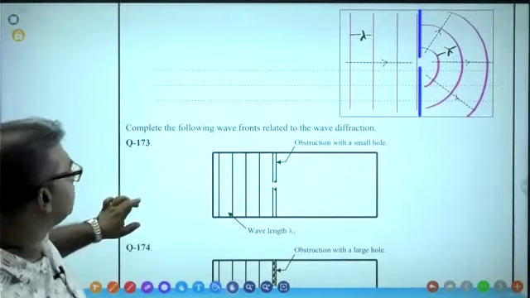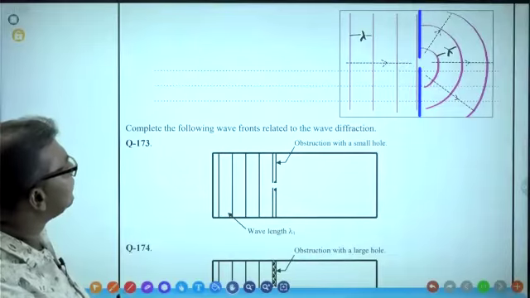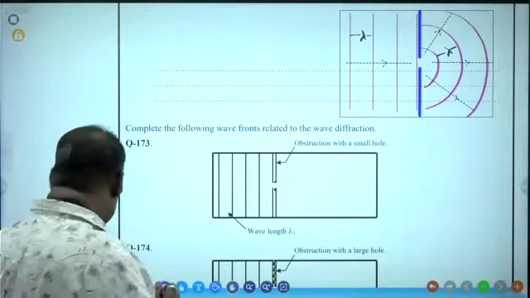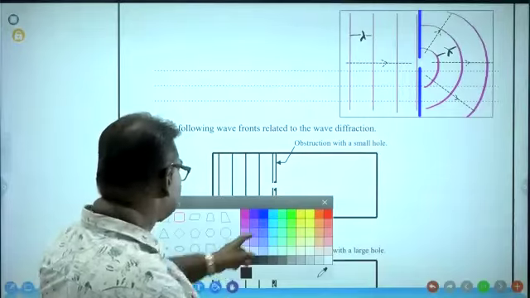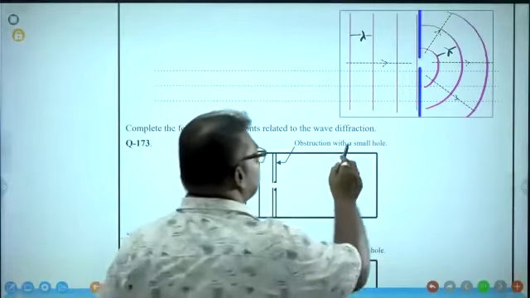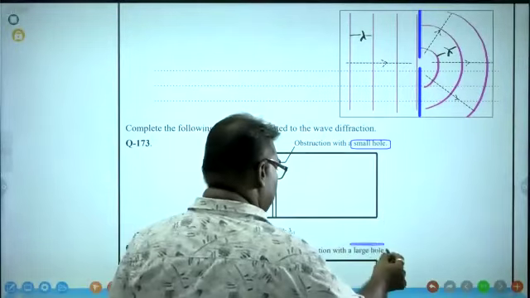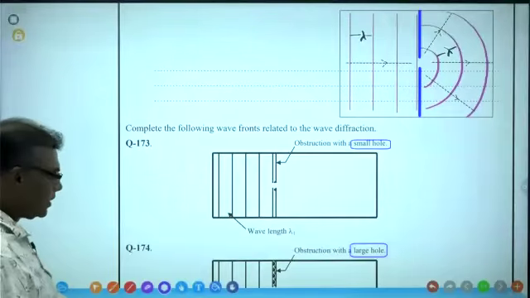First one, complete the wavefronts related to the wave diffraction, obstruction with the small hole. And here, can we underline that one? Obstruction with the small hole here. And here, large hole. So, can we complete now?